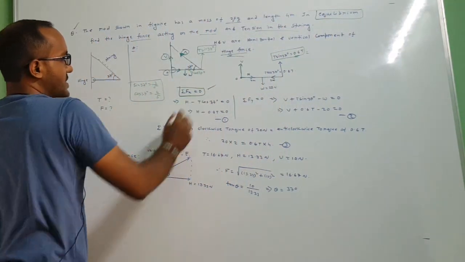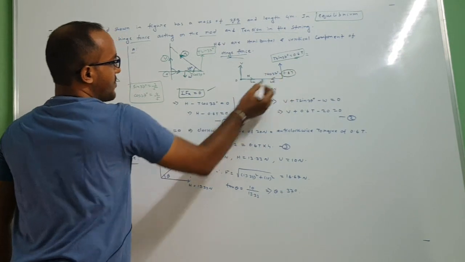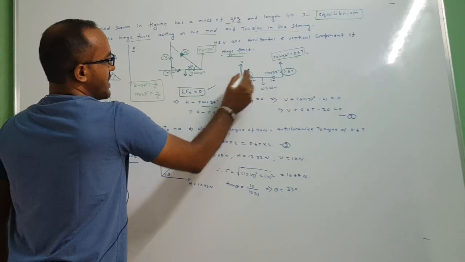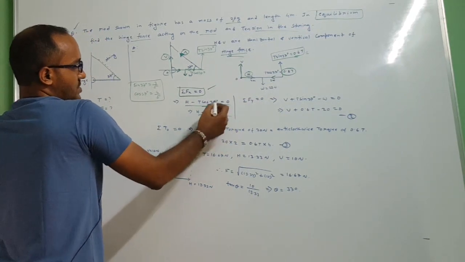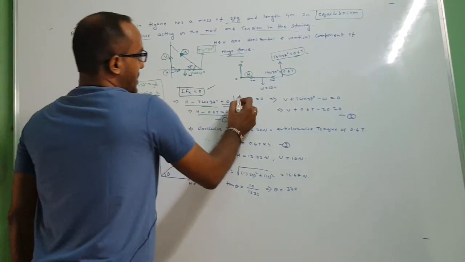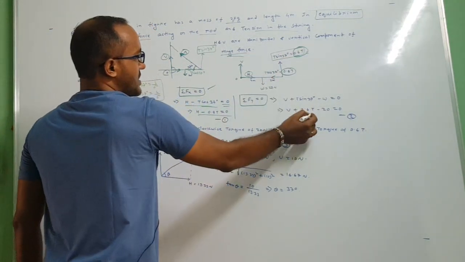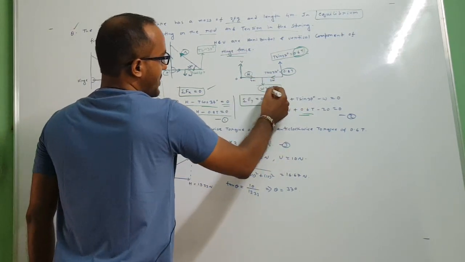Now summation of Fx equals 0. So what are the x components? This is 0.8 T, that is T cos 37, on the negative side, and this is H on the right hand side. So H minus T cos 37 should be 0, so we will get one equation. And if we make summation of Fy equals 0, then in the upper side we have 0.6 T, in the lower side we have 20 Newton.